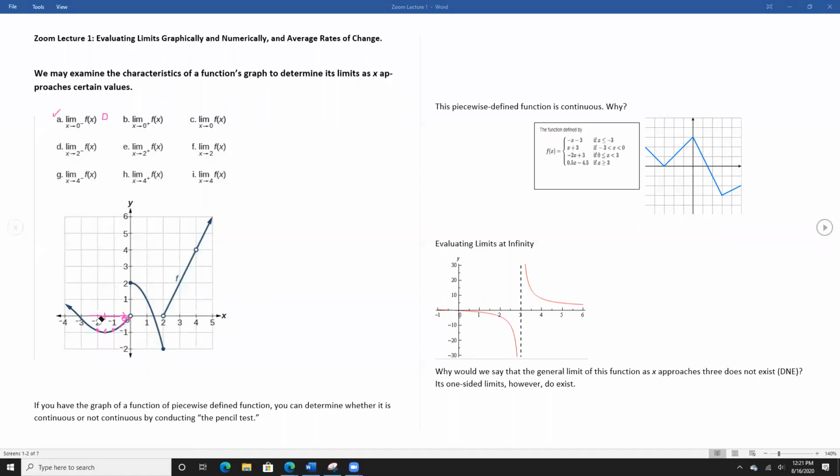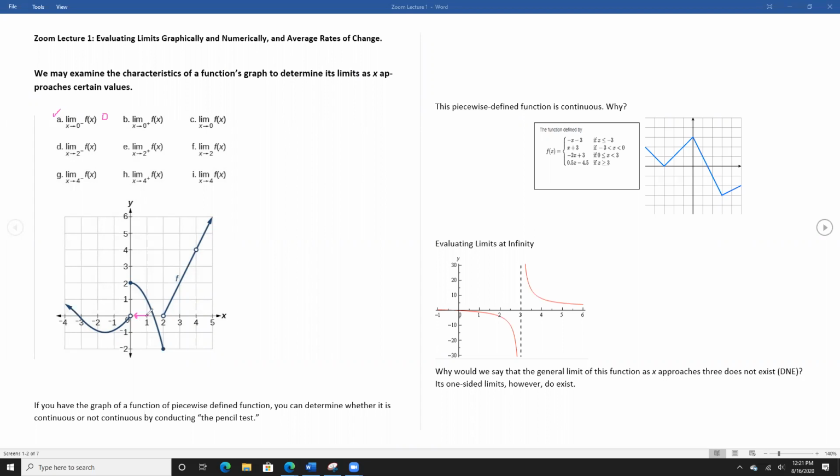So let's look at part B. Bring the graph up here. Part B says that we are going to approach 0 from the right, as designated by the plus sign. And again, as we approach 0 from the right, coming in from this direction towards 0, what is happening to the y values?